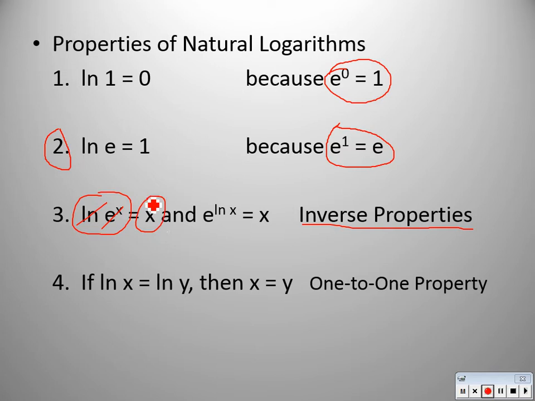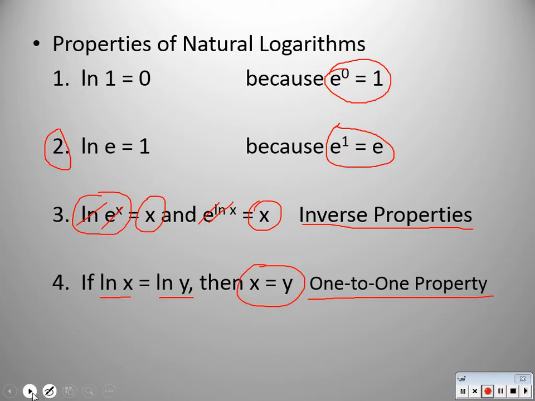Same thing if I did the natural log of the natural base to the x power, these cancel each other out, and I'm just left with an x. Those are two inverse properties. And then the one-to-one property shown here: if the natural log of x equals the natural log of y, then x and y must be the same.